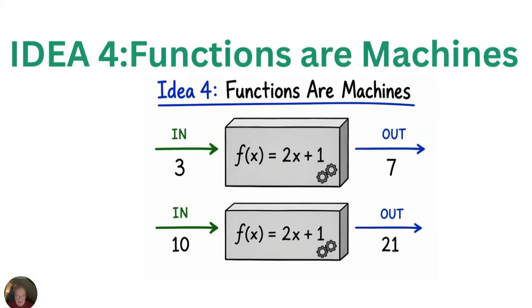And the x on the inside of those parentheses just represents the number that we're going to put for the x in the equation itself, which is 2x plus 1. So when we put 3 in there, we get 2 times 3 plus 1, we get 7. If you put 10, then we're going to have 2 times 10 plus 1 is 21. So it's just a machine. If you think of it that way, it doesn't seem so complicated.